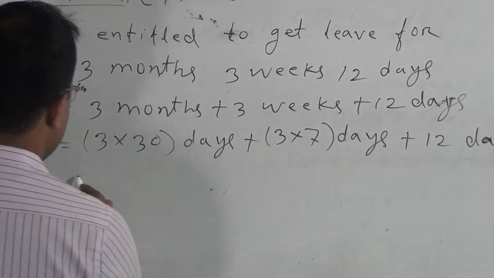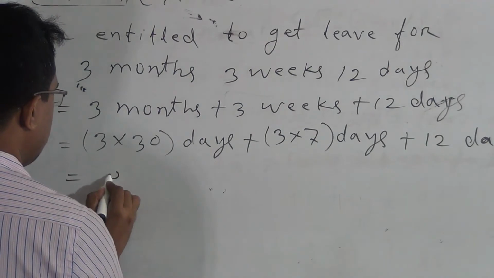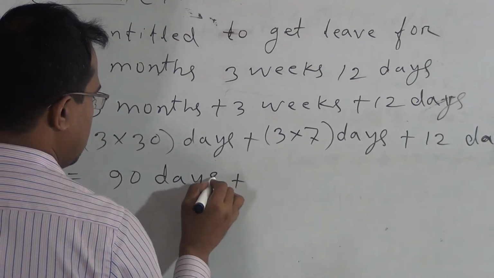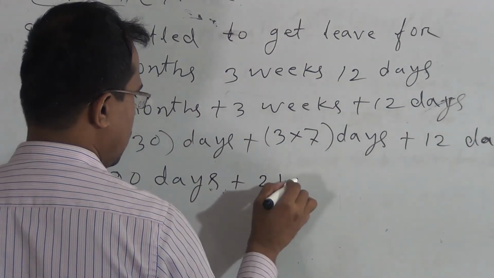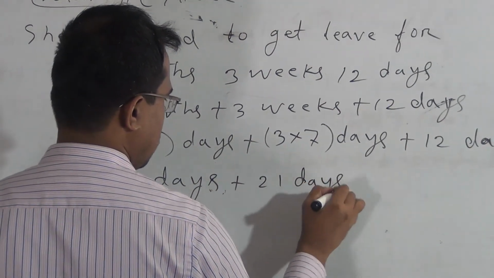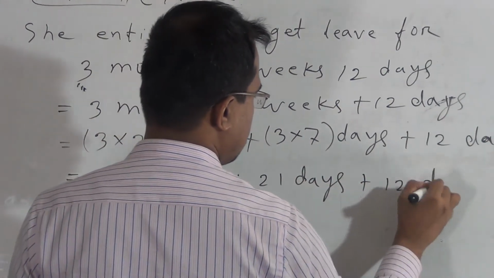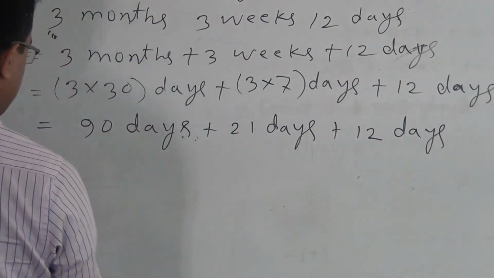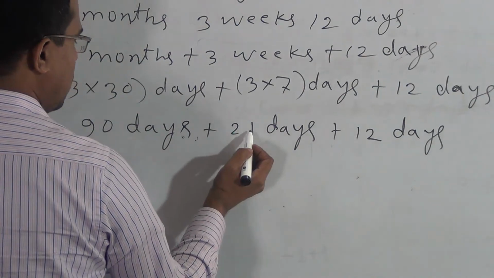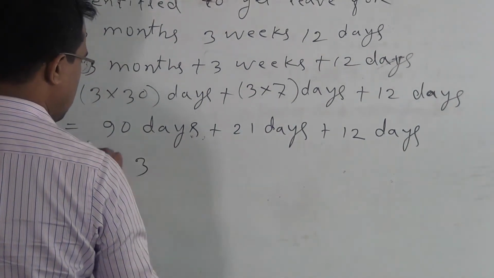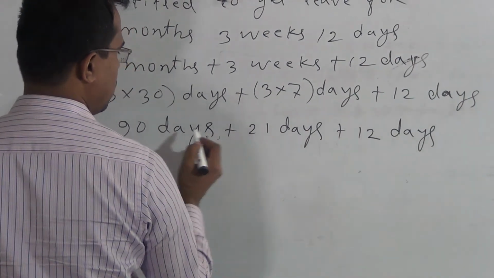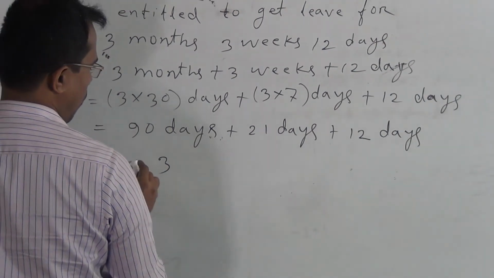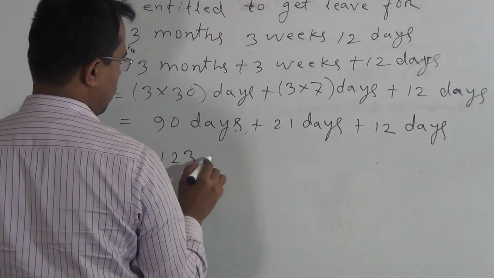This is equal to 3 thirties are 90 days plus 3 sevens are 21 days plus another 12 days. Now we have to add. Here 2 plus 1 is equal to 3, 3 plus 0 is equal to 3. 1 plus 2 is equal to 3 and 3 plus 9 is equal to 12. That means 123 days.